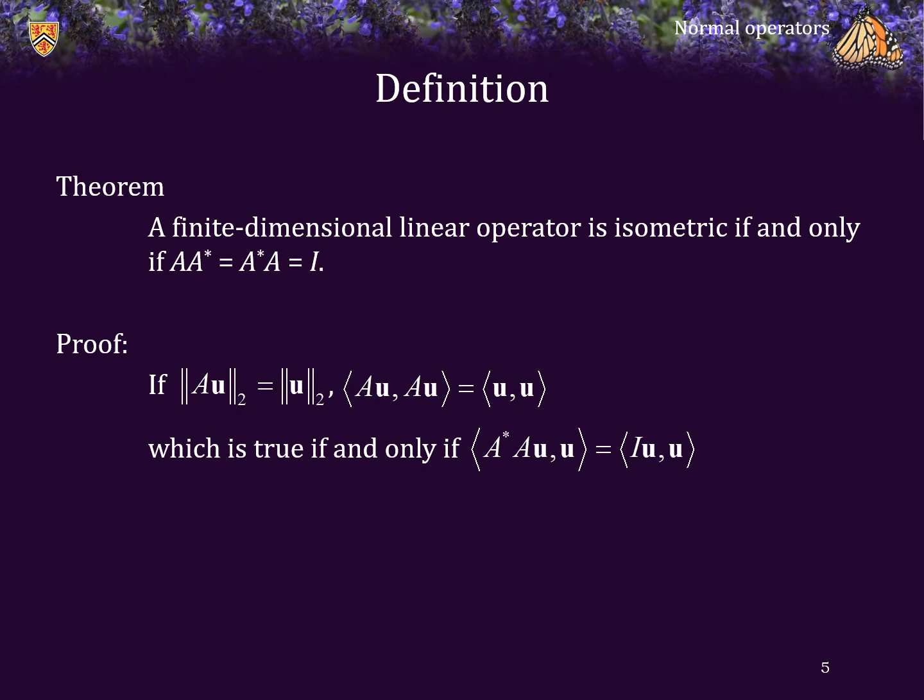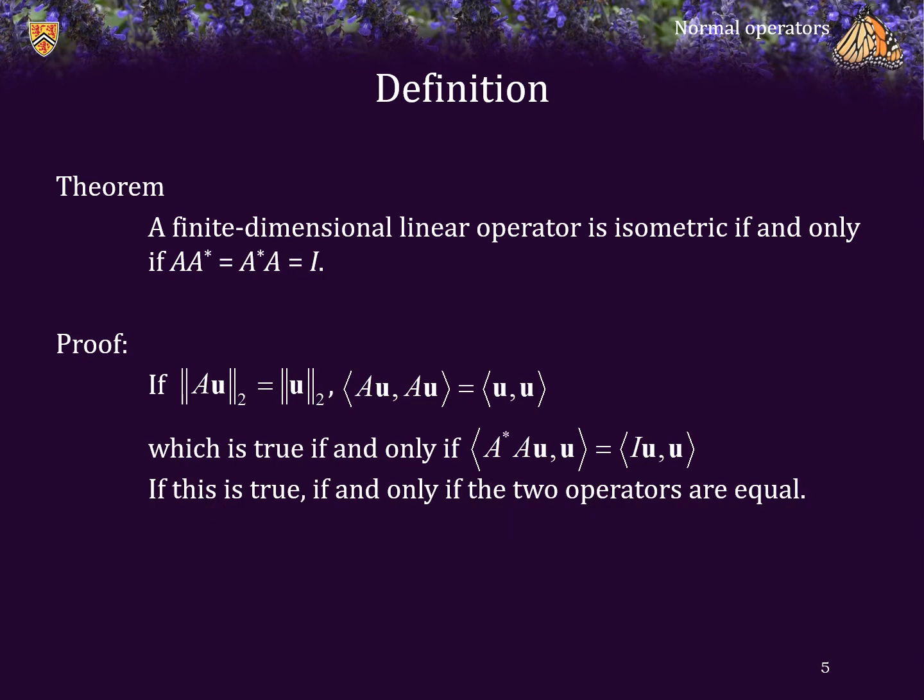Now, this is true if and only if this statement is true, for after all, we can move the linear operator A from the right-hand side of the inner product to the left-hand side by taking its adjoint. Also, the identity matrix times a vector is equal to that vector.